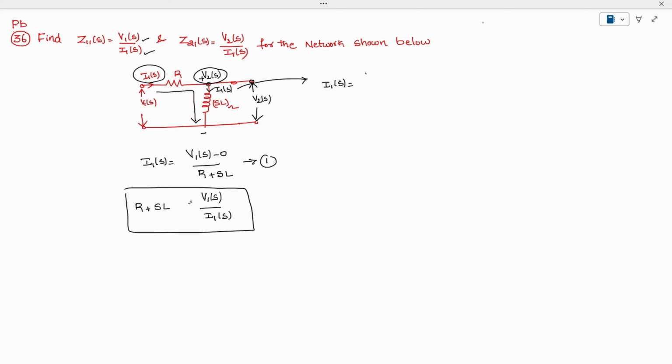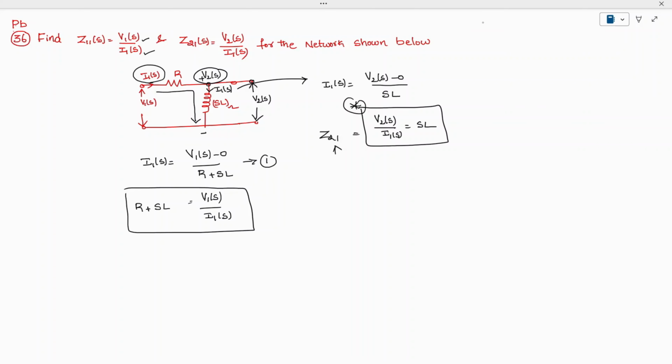V2 of S. I can write it as V2 of S minus 0 divided by SL ohms. But I require the ratio V2 of S divided by I1 of S, which is equal to SL ohms. So this is the ultimate formula, called Z21.